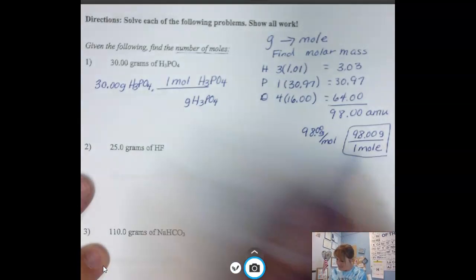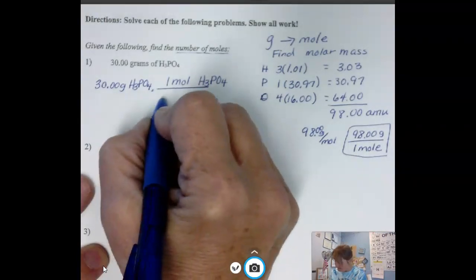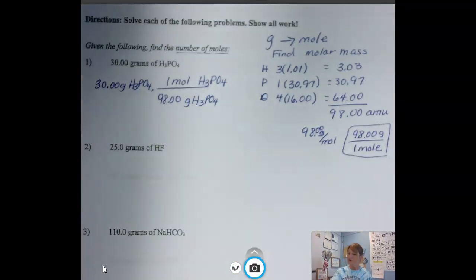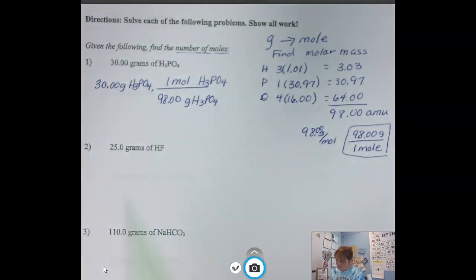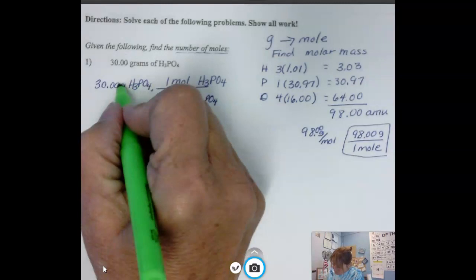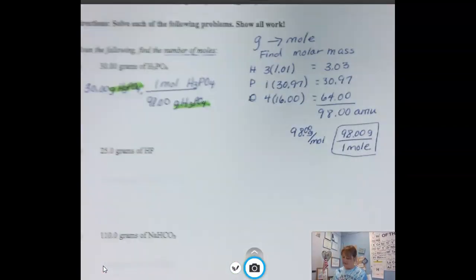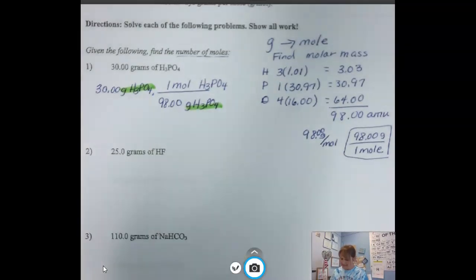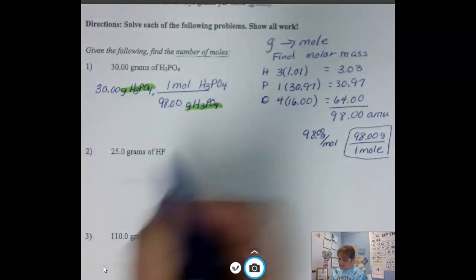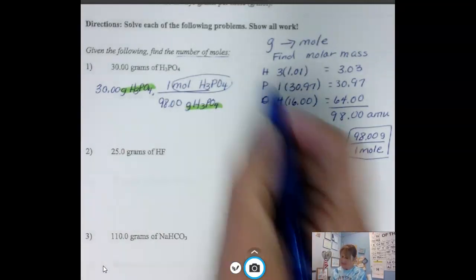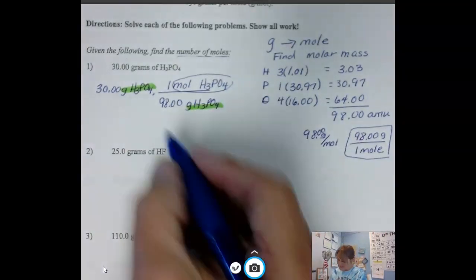And then I just come back over here and I get my mass that I just calculated. So when you're looking at this and we're doing unit conversions, what I have in the numerator went into the denominator. So you see how these will cancel out with each other, and I'm left with an answer of moles of phosphoric acid.